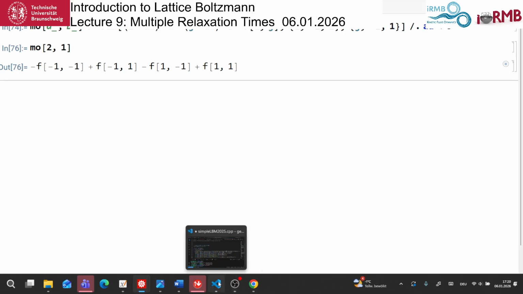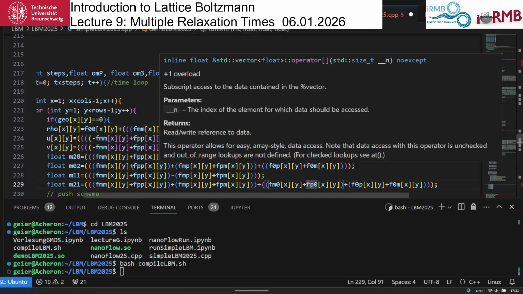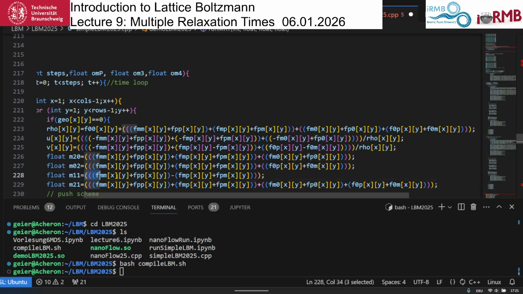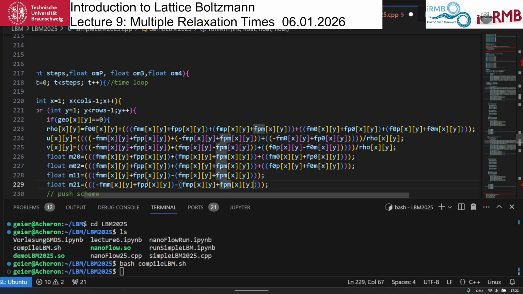So actually, we are best off taking this one because they already have the same content. So everything that has a minus in the second has a minus. Everything else has a plus. So we'll have to be diligent here.